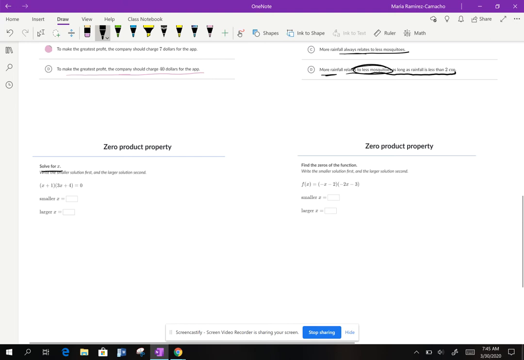So what's happening here is we're getting two binomials and they're being multiplied to equal 0. So either x plus 1 has to be equal to 0 to make the whole expression equal to 0, or 3x plus 4 has to be equal to 0.